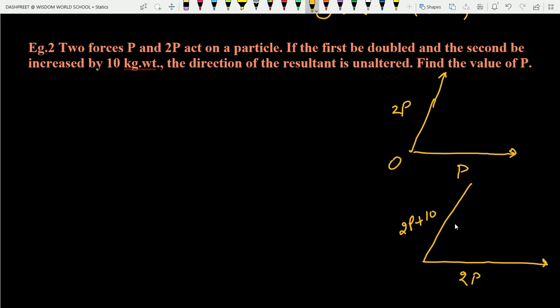The direction of the resultant is unaltered. Means अगर एंगल अल्फा है पहली केस में तो दूसरे केस में भी एंगल क्या रहेगा? The direction of the resultant is unaltered. It is saying अल्फा डिफरेंट हो सकता है, alpha may be different.